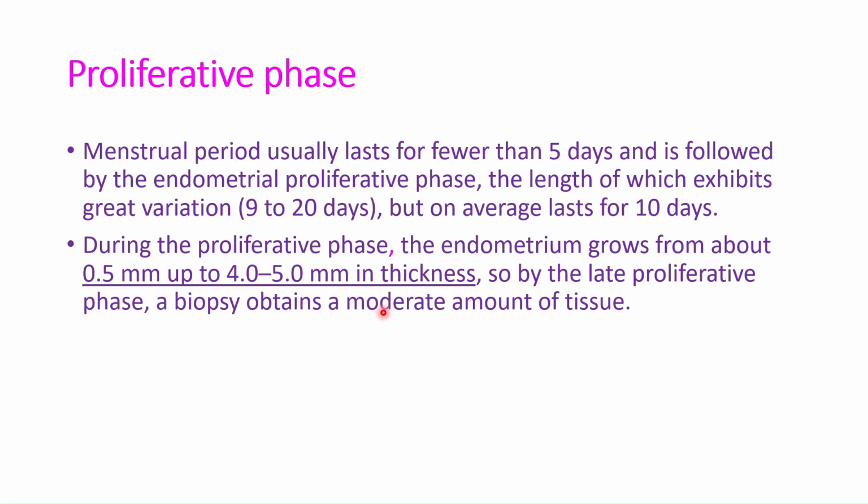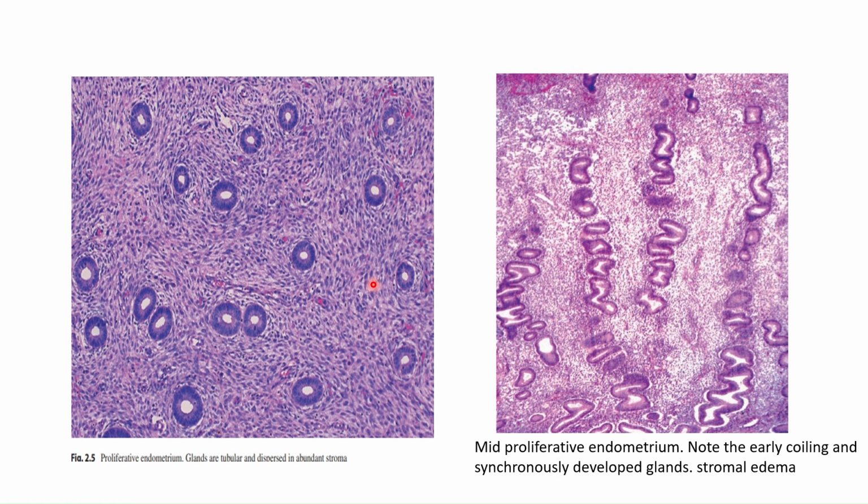During this phase, endometrium grows from 0.5 mm up to 4.4 to 5 mm in thickness. So this section shows proliferative endometrium, which is showing tubular gland with compact stroma, no coiling. So this is the early proliferative phase.